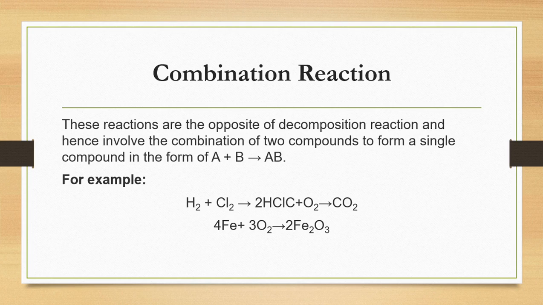Now, the second type is combination reaction. These reactions are the opposite of decomposition reactions and hence involve the combination of two compounds to form a single compound in the form A plus B gives AB.